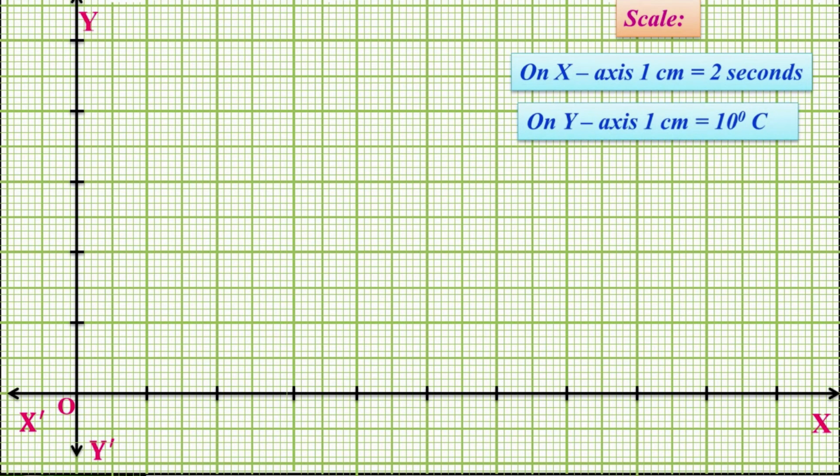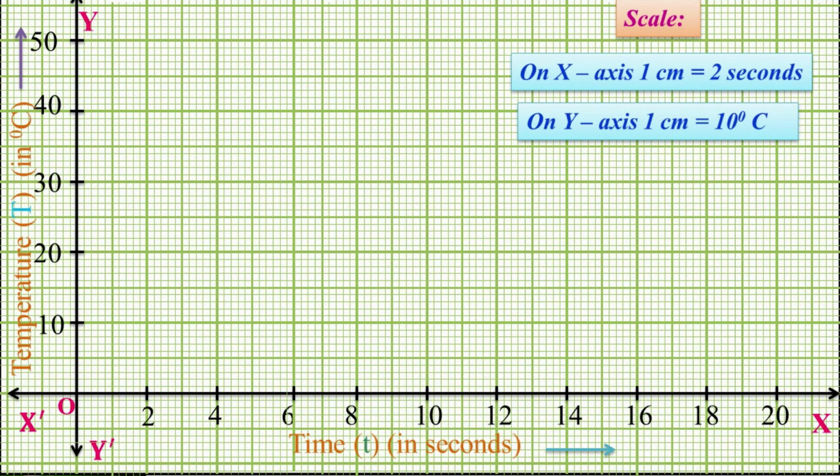So we can take on y-axis 1 centimeter is equal to 10 degrees Celsius. Mark the point 2, 4, 6, 8, 10, 12, 14, 16, 18, 20 on the x-axis. Mark the point 10, 20, 30, 40, 50 on the y-axis.